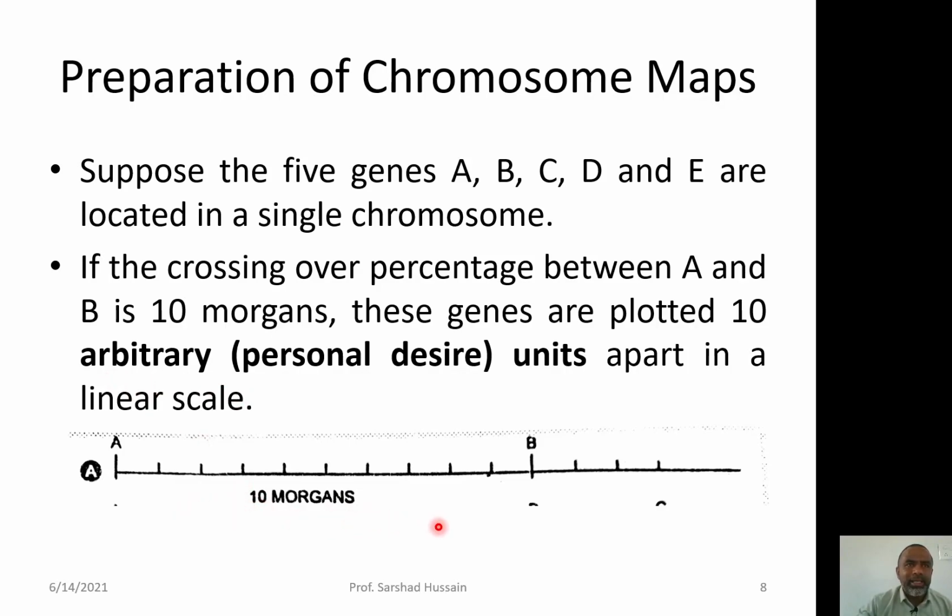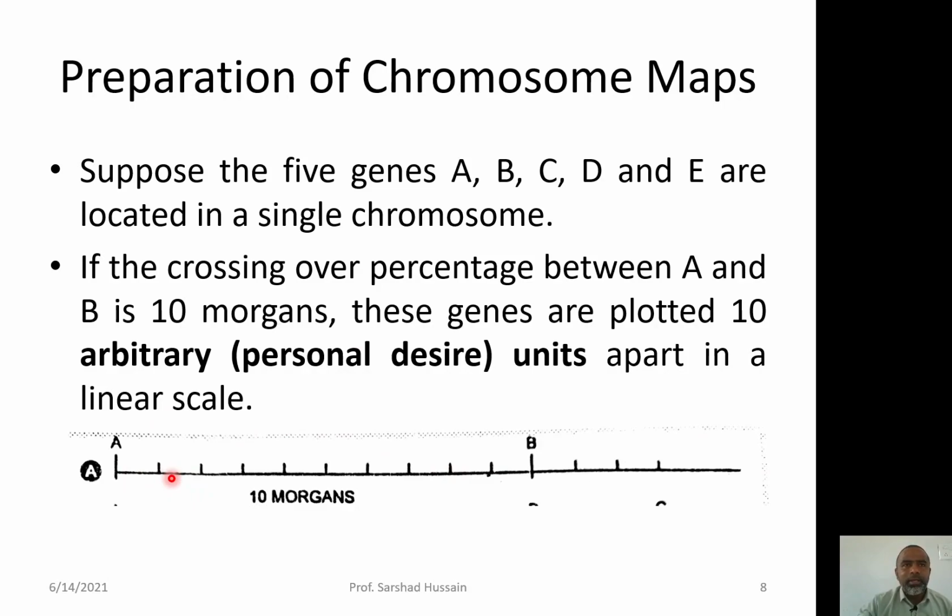You cannot exactly devise a scale, and you cannot place a scale on the DNA or on the chromosome, they are very small entities. So, it is your personal choice, but one thing is there, that it will always remain 10 units apart, whether the distance between them is small or large.